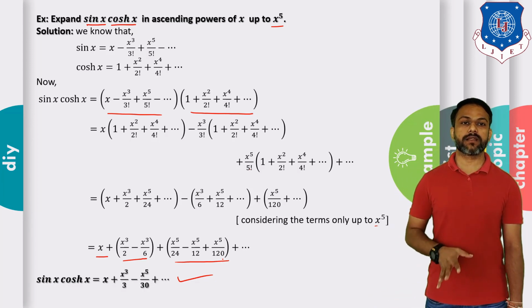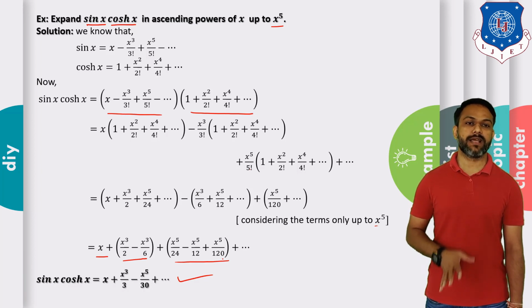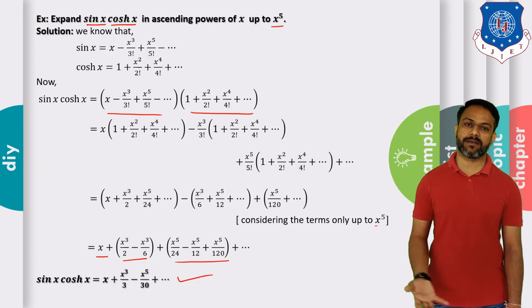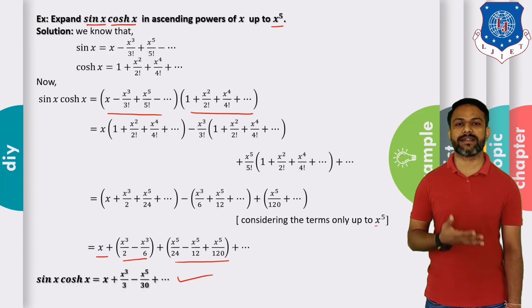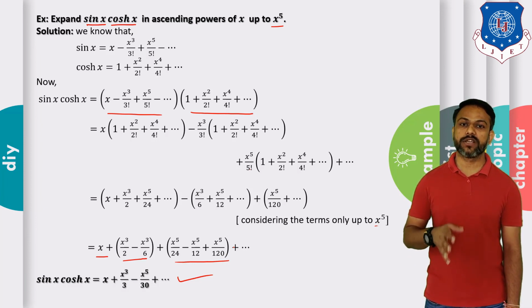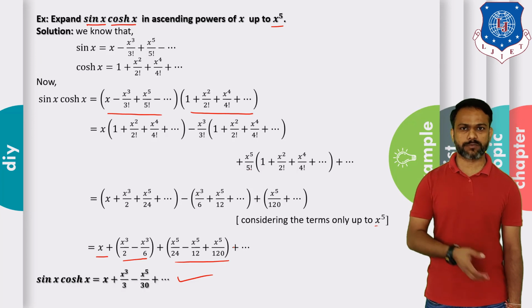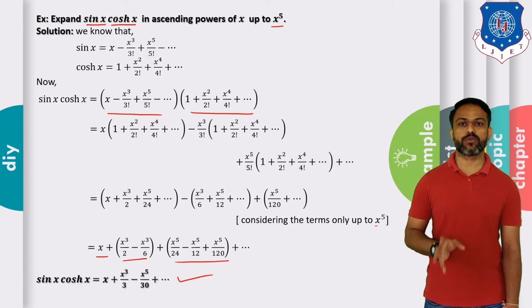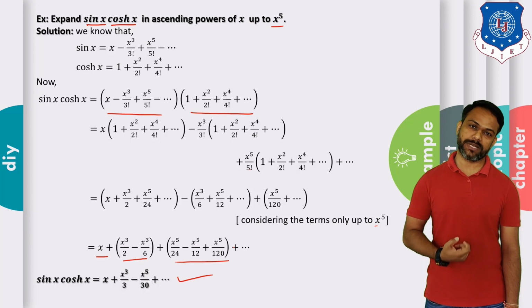In this lecture you have seen how we use the standard expansion in examples. You can use the standard expansion as well as the Maclaurin series, but the standard expansion gives an easier way to expand the given function if we know it.